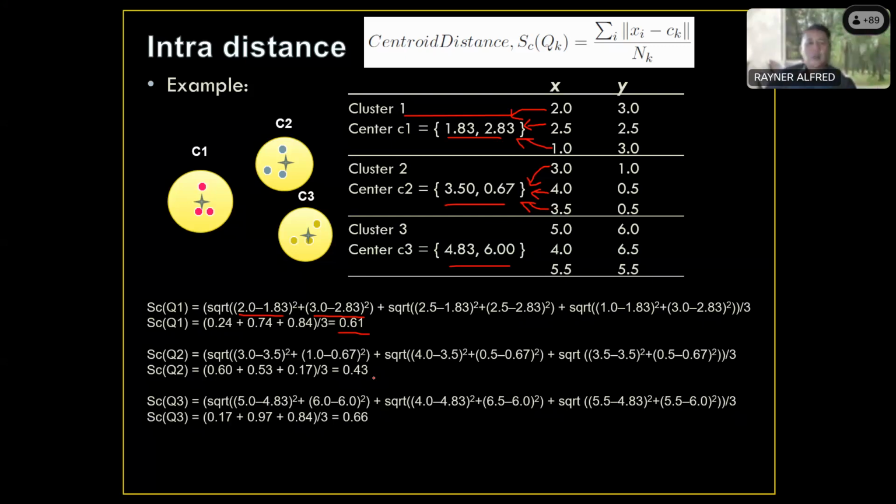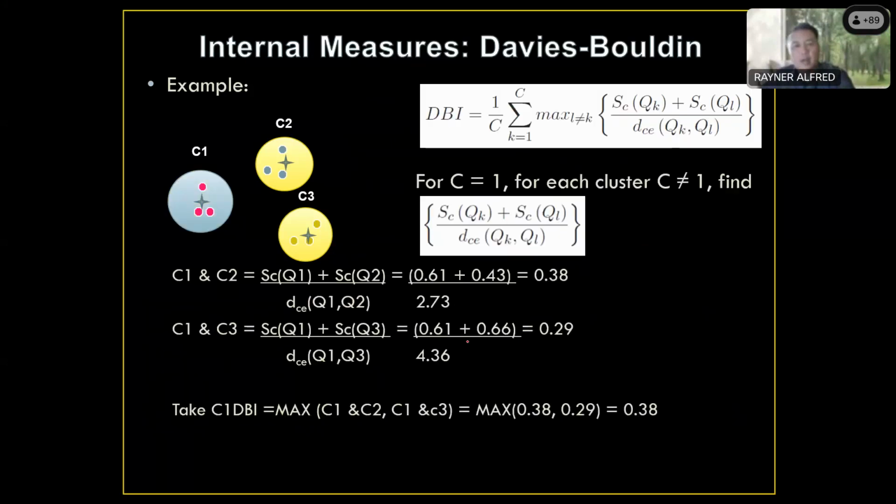Once we get the compactness of all the clusters that we have, then we can use them in the formula in order to compute the DBI. So we first say, okay, now we are looking at K1. If you look at the diagram here, the color of the cluster is blue. This is our fixed cluster.